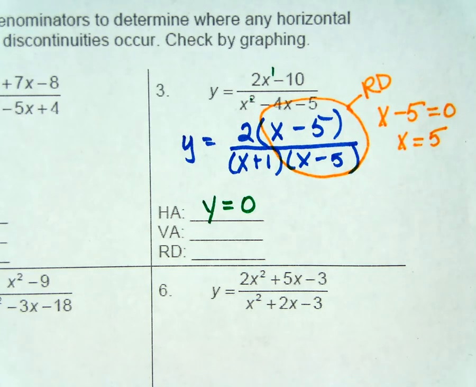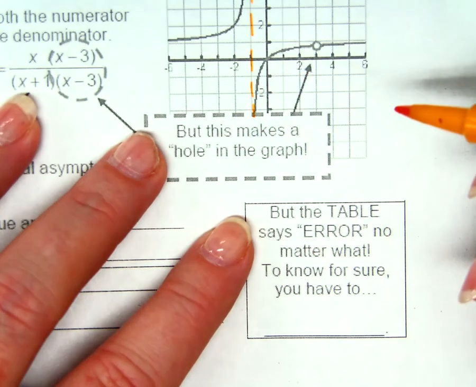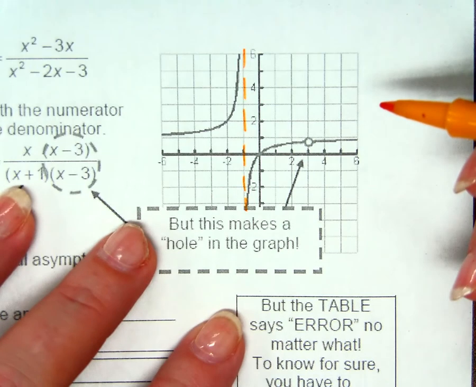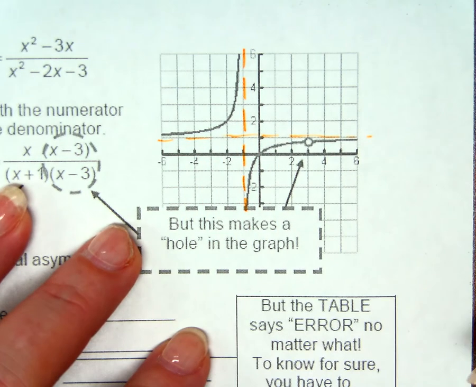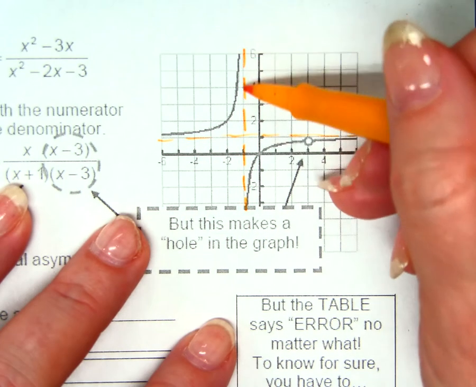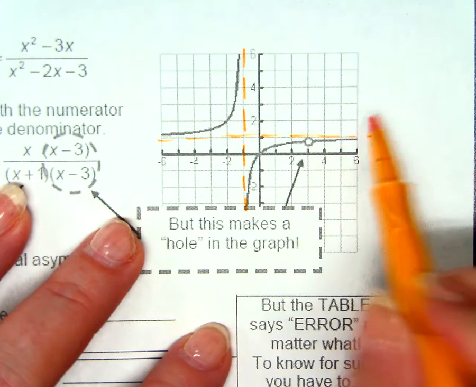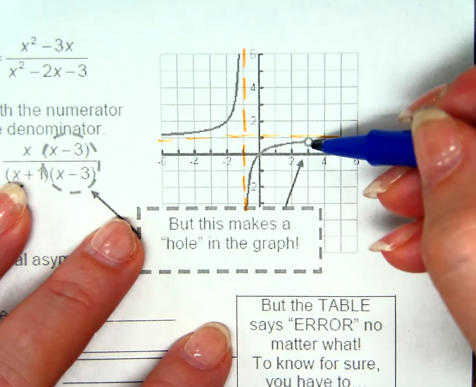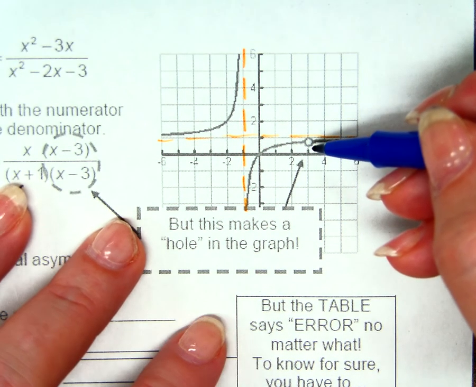But before we write anything in the lines, I have to make sure something is very clear to you. If I look right here, I have an asymptote. What is this? It's a line. What is that? It's a hole, so it's a point.